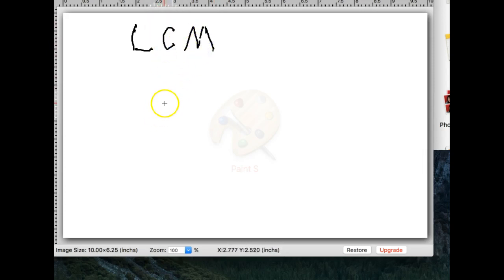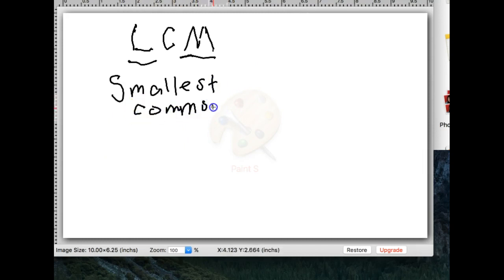The key is the word multiple, and the word least, which basically means you're looking at the smallest common multiple. The smallest common multiple, the least common multiple. So what is that?